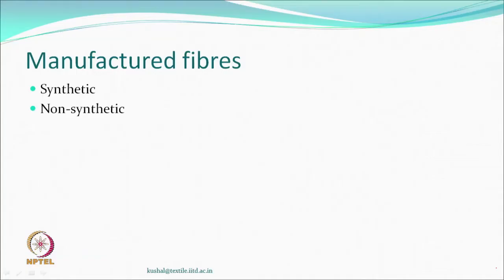We talk about another set of fibers which are called the manufactured fibers, which do not occur in nature and therefore we manufacture them. One group is called synthetic fibers. In synthetic fibers, the polymer, by now we already know that fibers are made of polymers, does not exist in nature at all.